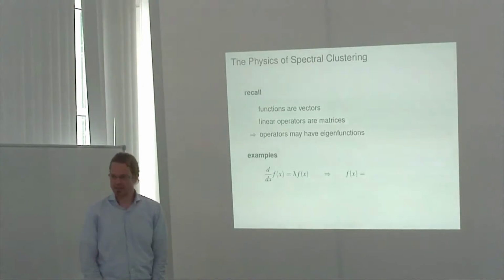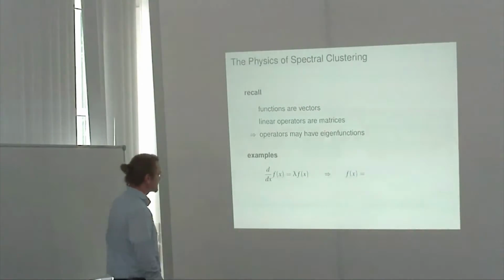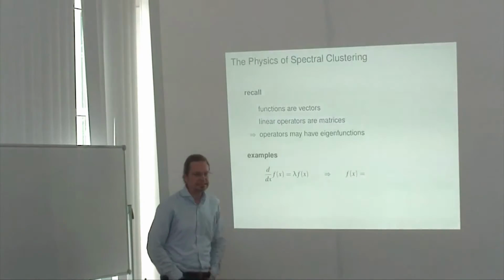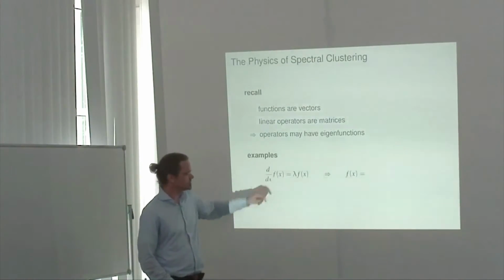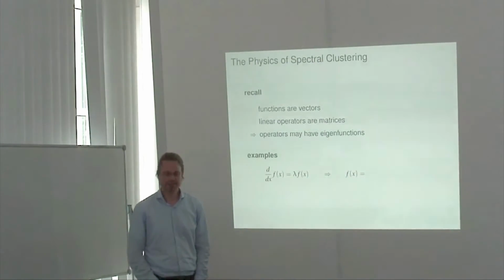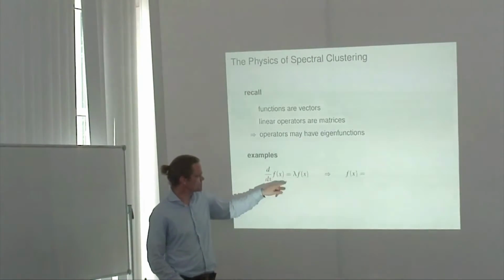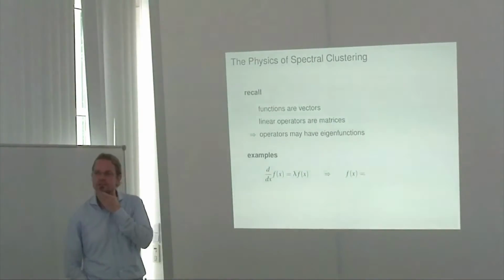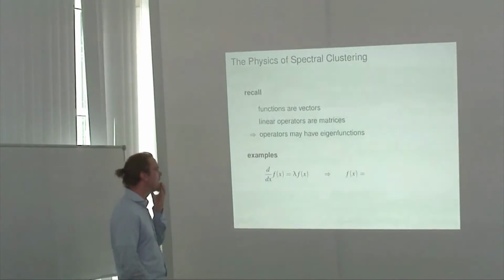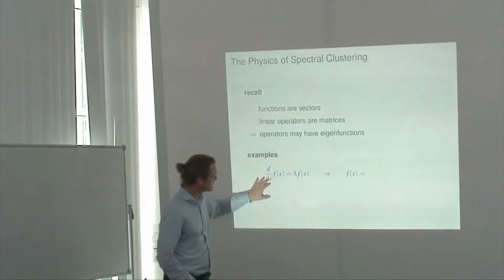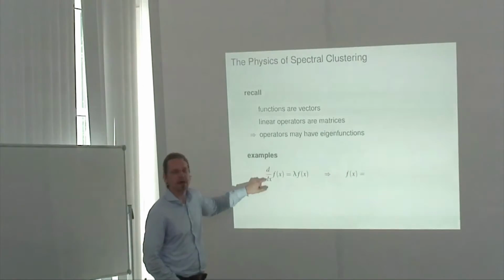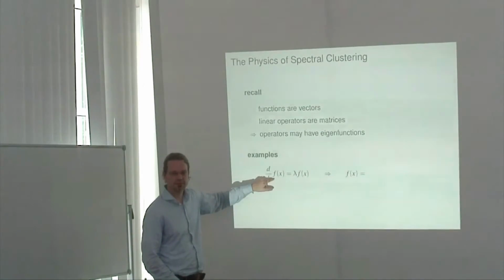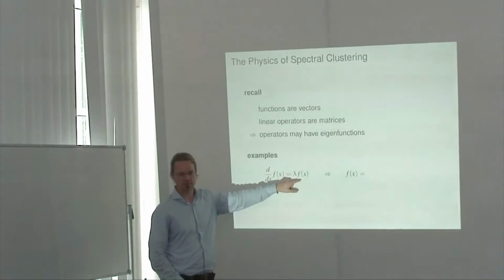Here is an example. This is an operator, d/dx, applied to a function f of x, and it is supposed to produce lambda times f of x. So this looks like an operator, or a matrix, times a vector is a scalar times a vector.